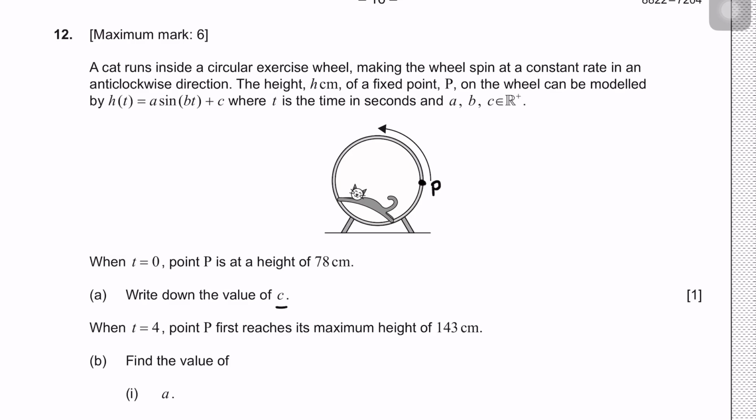So c is this constant right here, and it refers to the principal axis. So maybe I'll try to draw this out. Let's say this is our trigonometric function, and this is the height against time.